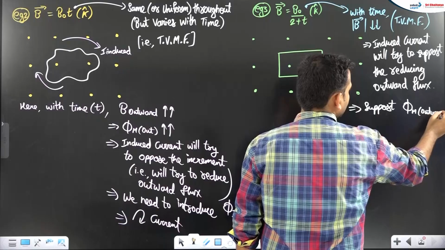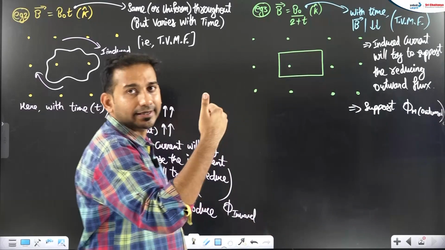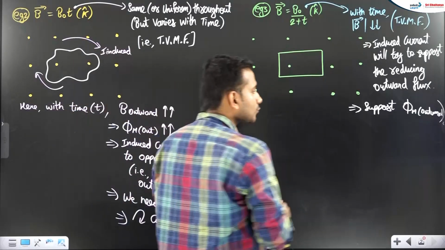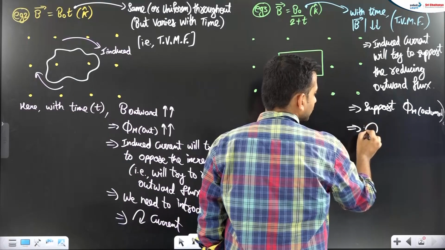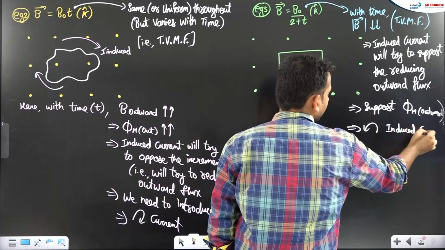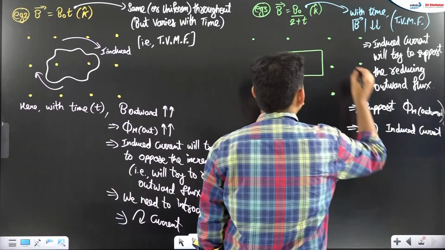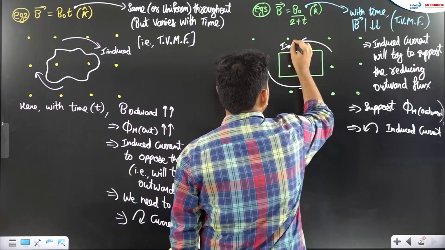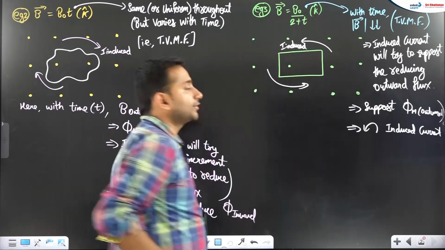And if you want to support the outward magnetic flux, then by right hand thumb rule, if we want the outward opposing flux, the current induced must be anti-clockwise. So you will say counterclockwise induced current, and hence this will be the direction of induced current. I hope the logic is clear to you.